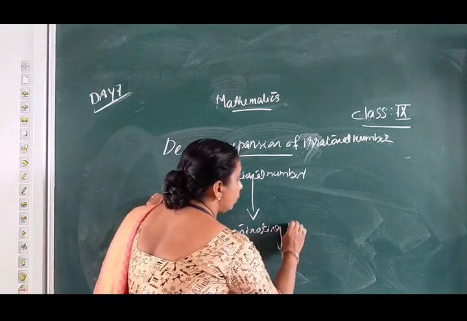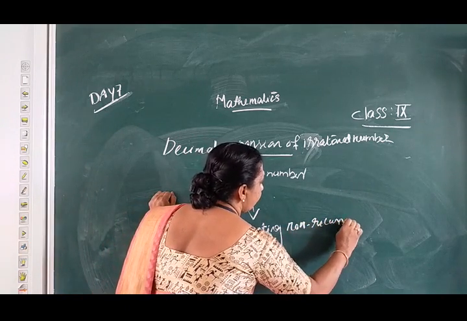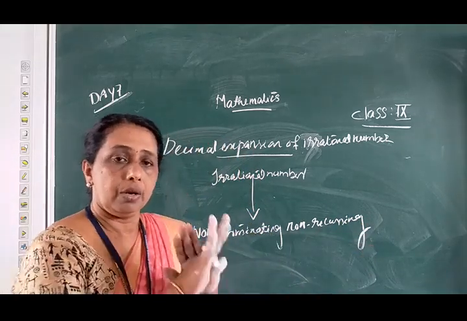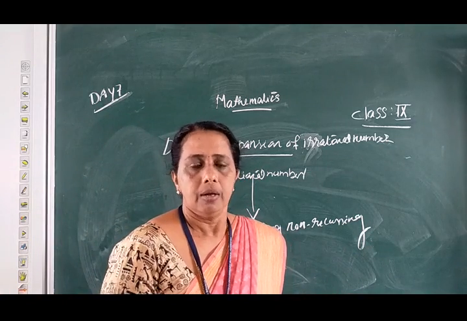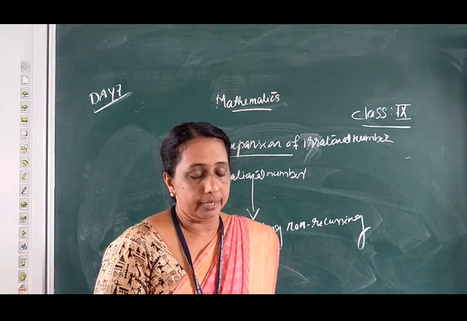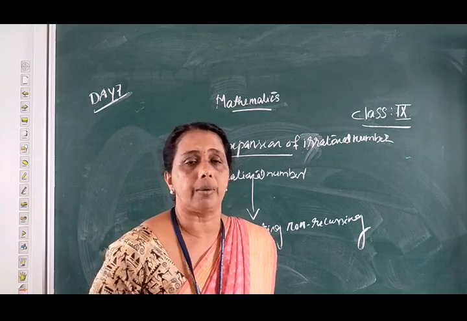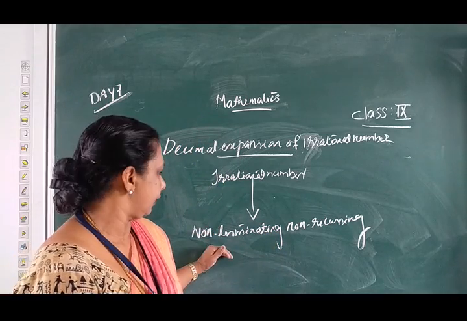Recurring means one digit or a block of digits is repeating. But here it is non-terminating, non-recurring: the division never ends, and non-recurring means no digit or block of digits is repeating. That type of decimal expansion is called non-terminating and non-recurring.